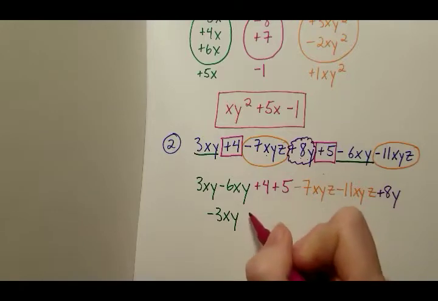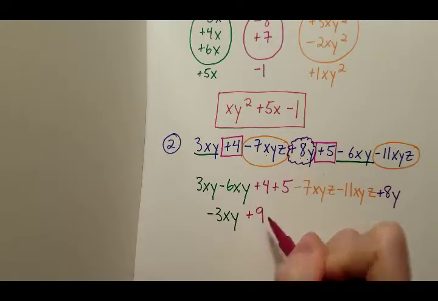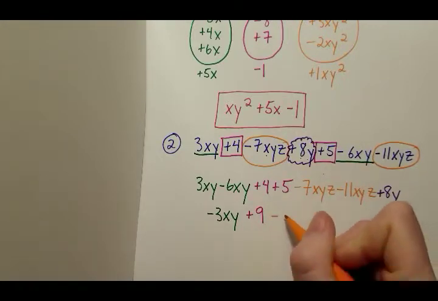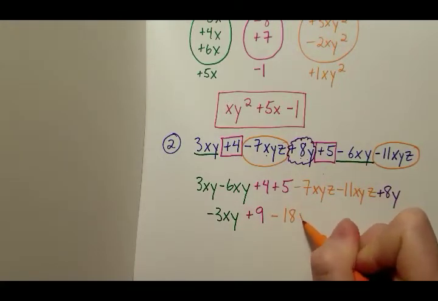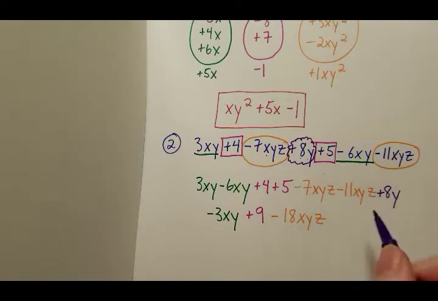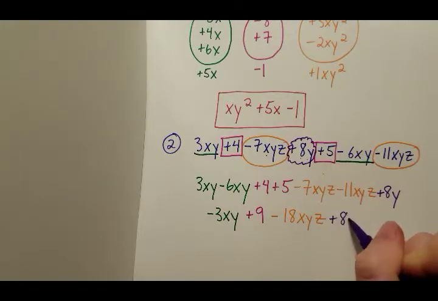Plus 4 plus 5 gives us plus 9. Minus 7xyz minus 11xyz gives us minus 18xyz. And then 8y, well, that was all by itself, so we can just keep it as plus 8y. And this would be a perfectly good final answer.